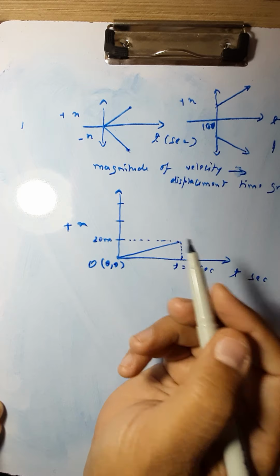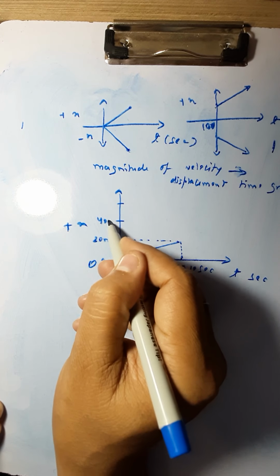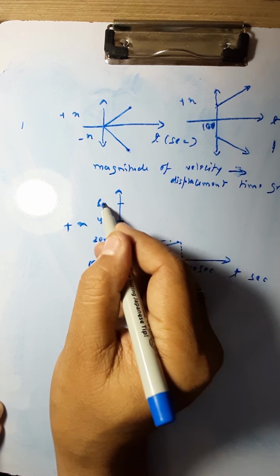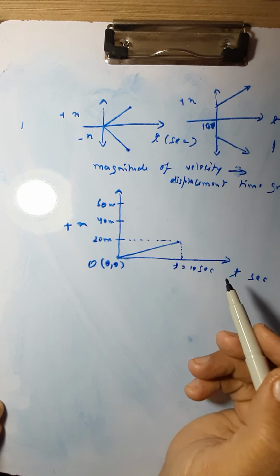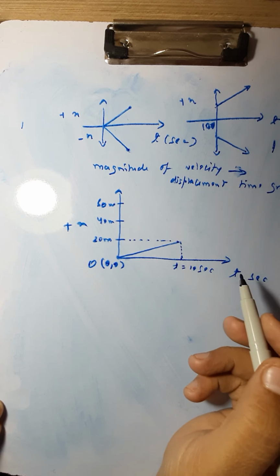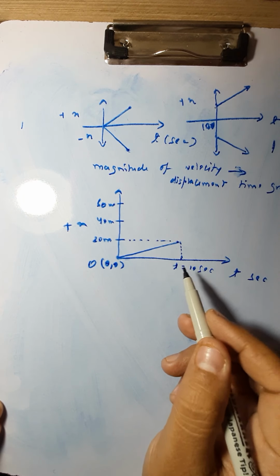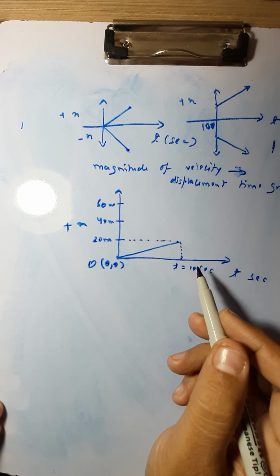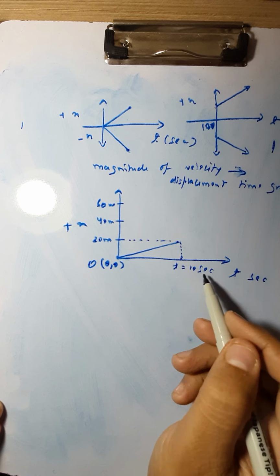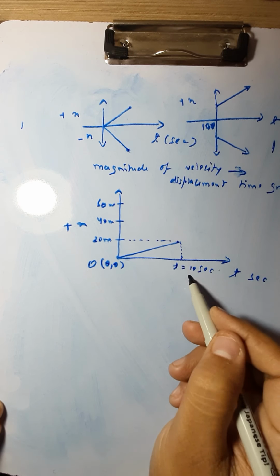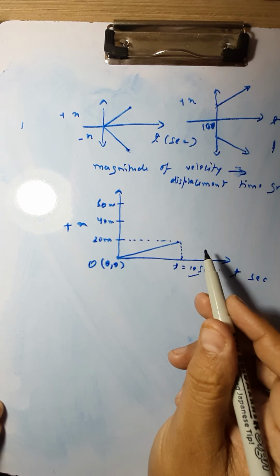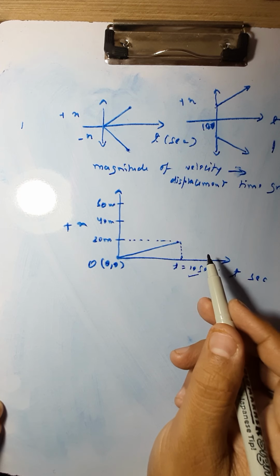Okay, suppose this is 40 meter and this is 60 meter. So suppose the particle increases its magnitude of velocity, then in the same time t equal to 10 seconds, it will cover more distance.